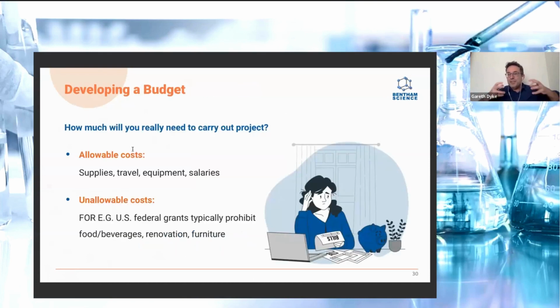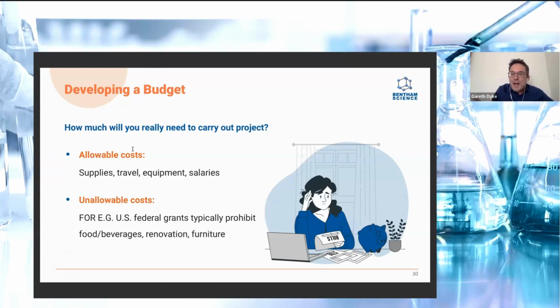So when you are developing your budget, putting it together, how much do you really need to carry out the project? Don't go overboard. If your grant is allowing you to apply for a certain amount of money, that doesn't mean that you should go all out to get the maximum amount. You need to apply and show justification for the money that you actually need to carry out the project.